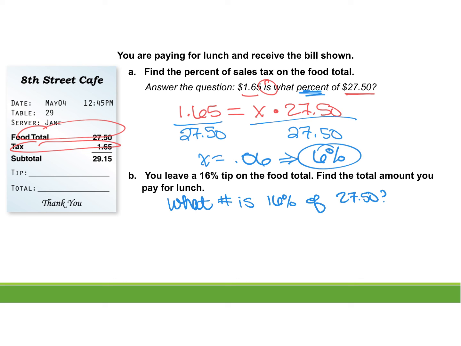So when I put that in an equation format, I have x equals 0.16 times 27.50. When I multiply that out, I see that x is equal to $4.40. So sometimes you'll see that your parents will write that $4.40 on the line.